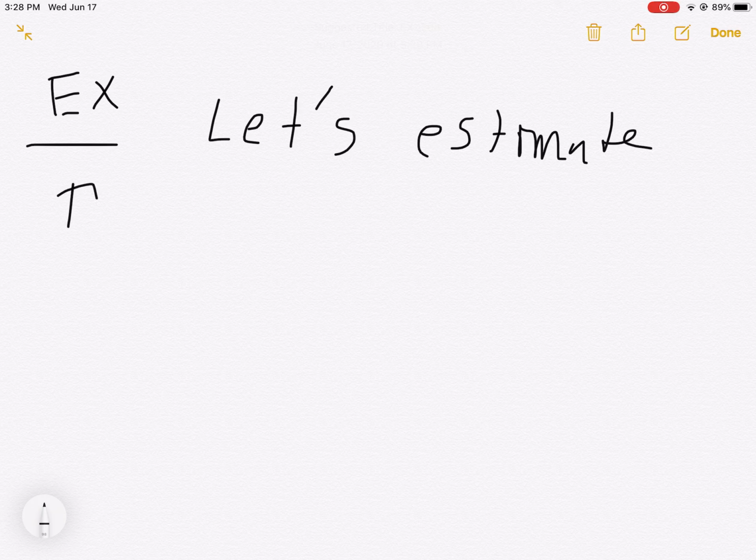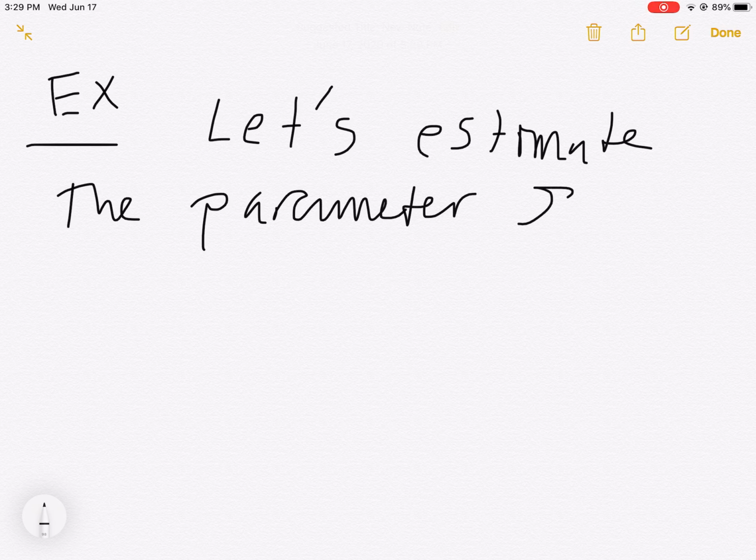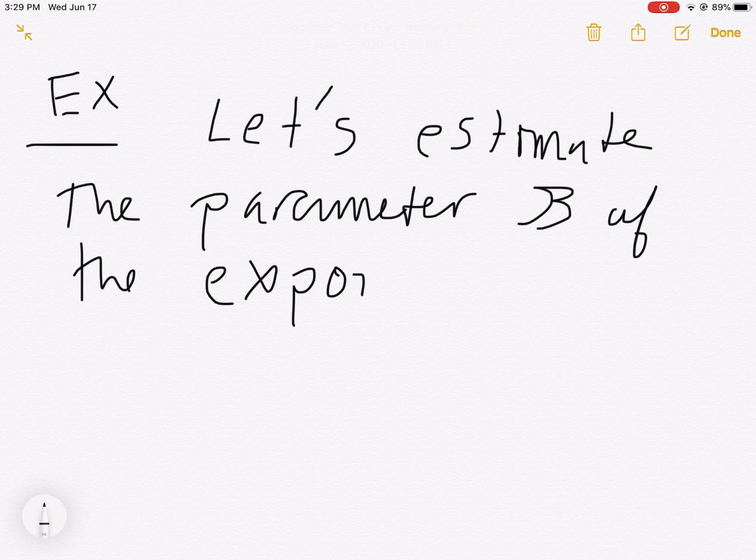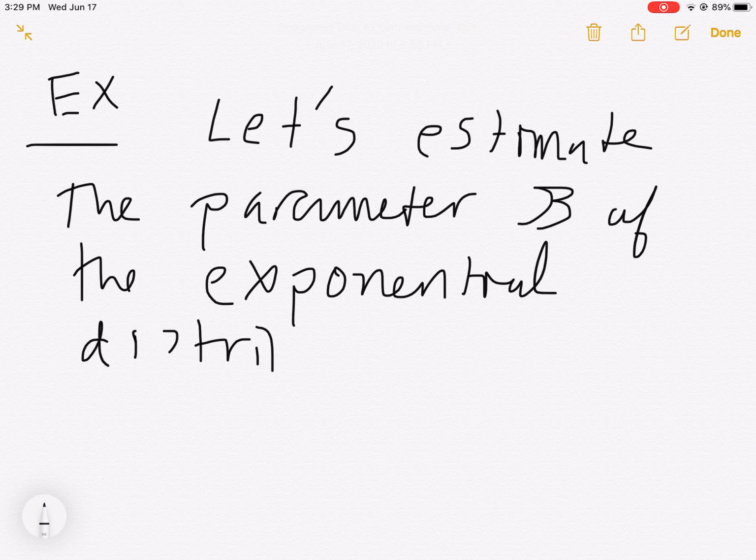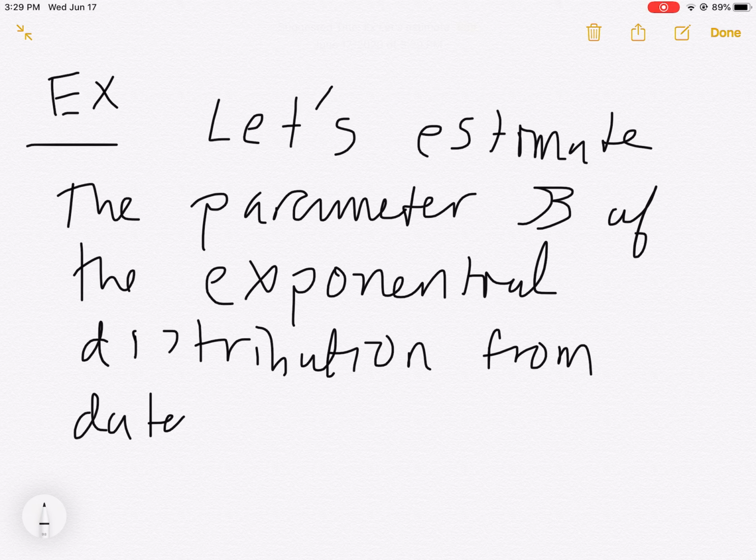So let's do a quick example. Let's estimate the parameter beta of the exponential distribution from the data x1 through xn.